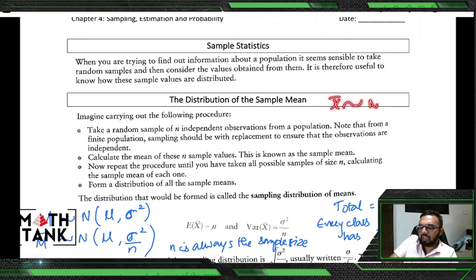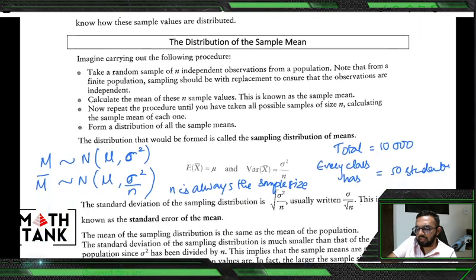Now it's difficult to explain this without having an actual data set, but briefly, let's say I have a total of 10,000 students in the school, and let's say every class has 50 students, and I want to find out the distribution of all these students. But I can't send just one person to find out the marks of all these 10,000 students. So I hire about, let's say, 200 people to go on and do the task.